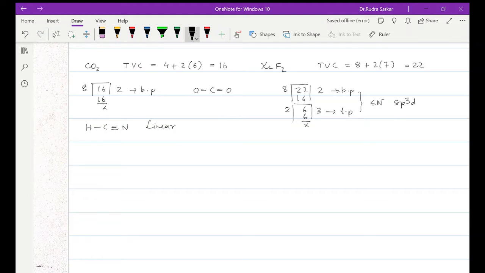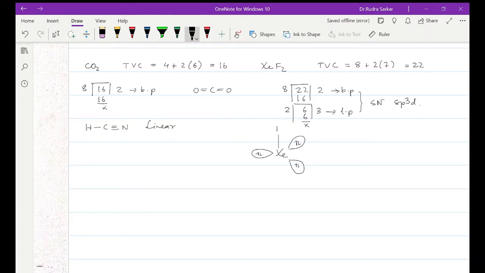Hybridization is sp3d. So you put the Xe and you draw the lone pairs. Lone pairs are not considered while considering the shape of a molecule.